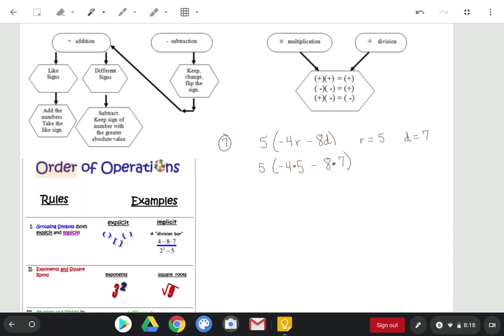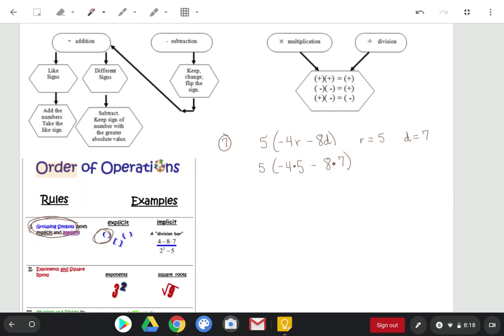The first thing we're looking for is grouping symbols inside of which there is something to do. And we do have parentheses, so we need to look inside the parentheses and figure out what needs to be done.